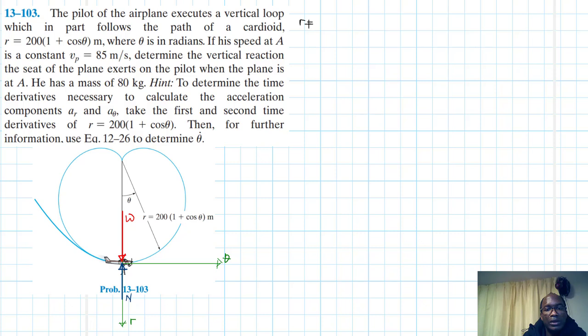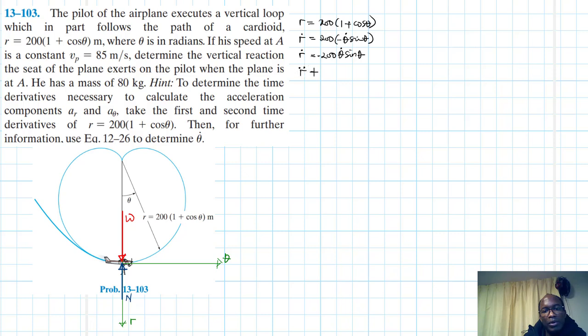So r is just equal to 200 times 1 plus cos theta, and r dot is equal to minus 200 theta dot sine theta.